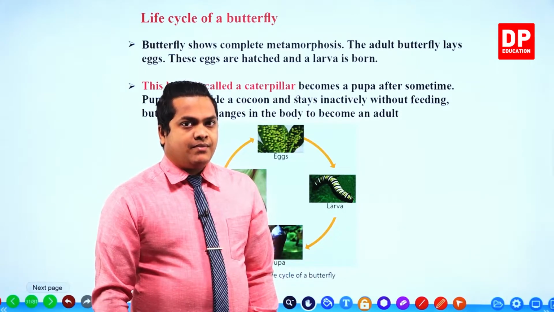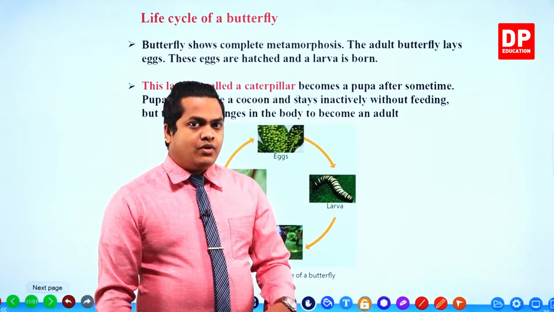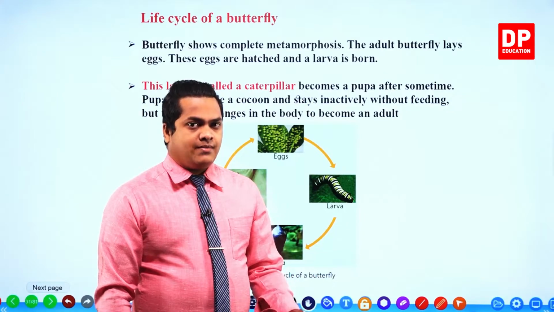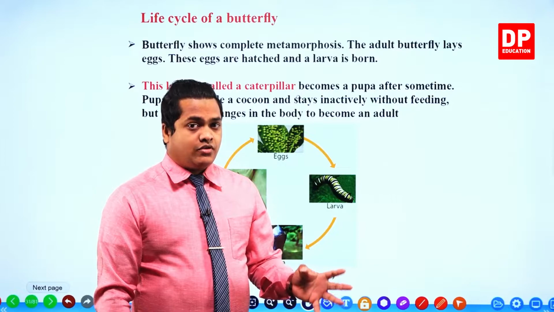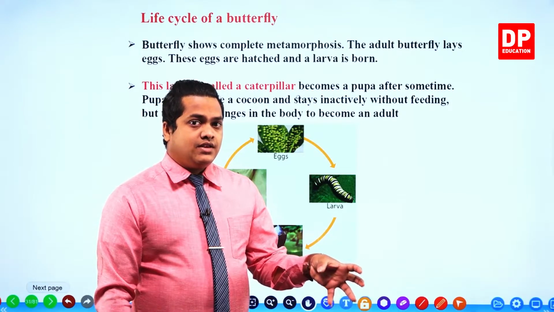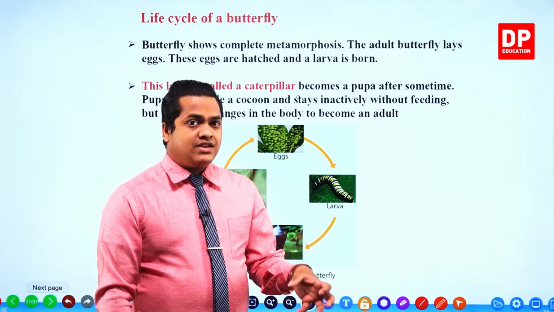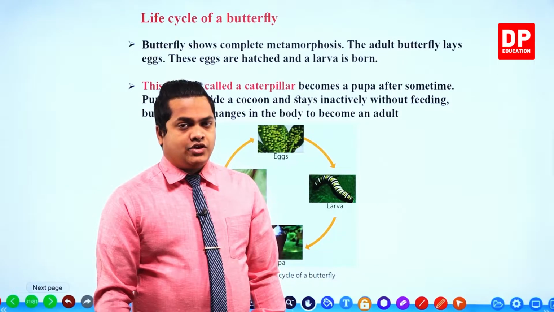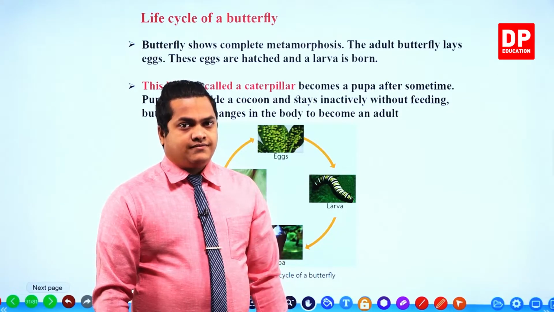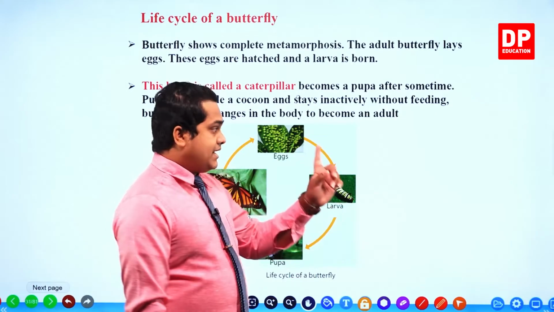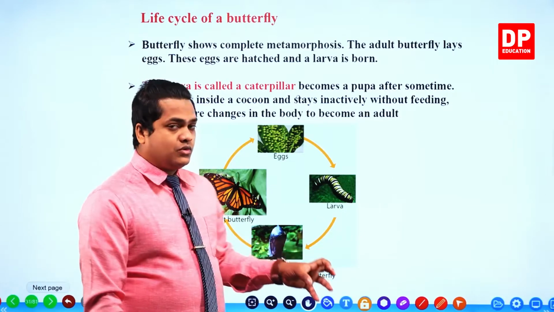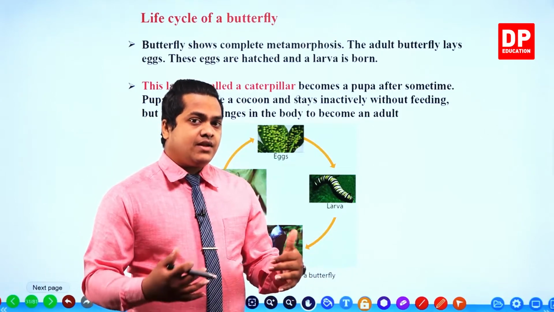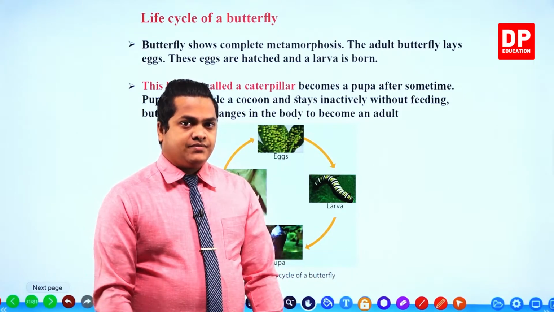Upon those changes, the organism inside the cocoon is getting converted into a butterfly. Okay, the caterpillar is the one who is getting converted into a pupal cocoon. After that, the caterpillar stage cannot be observed.